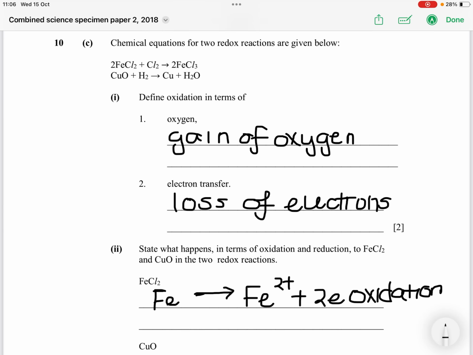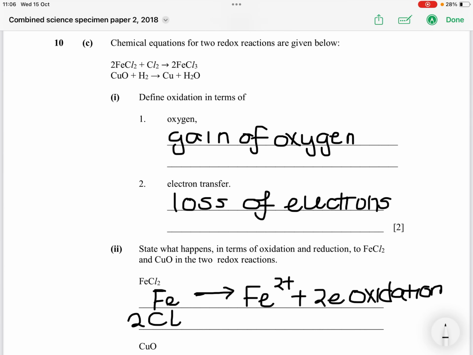State what happens in terms of oxidation and reduction to iron chloride and copper oxide in the two redox reactions. So the chlorine is reduced by the gaining of the two electrons.